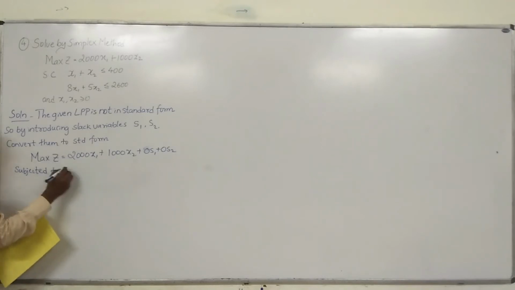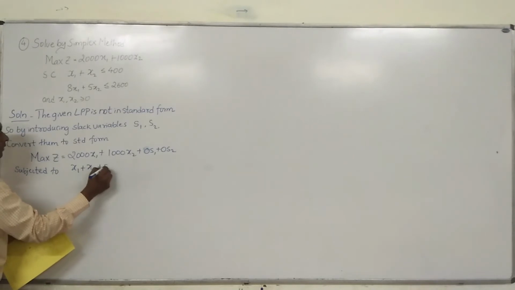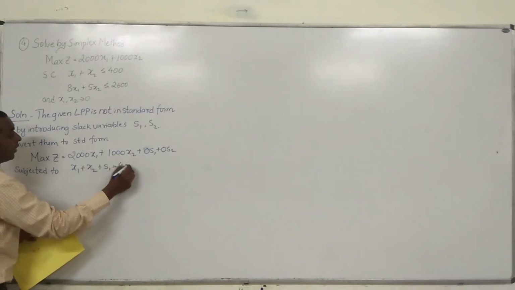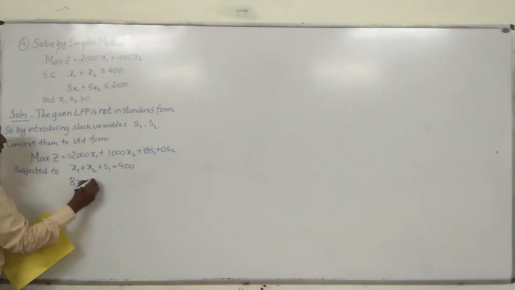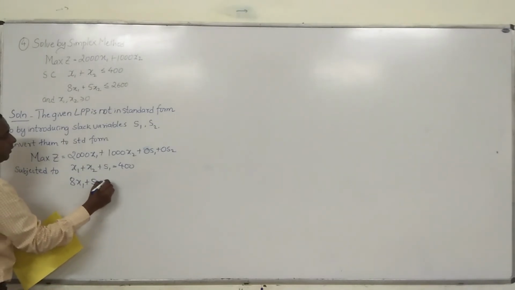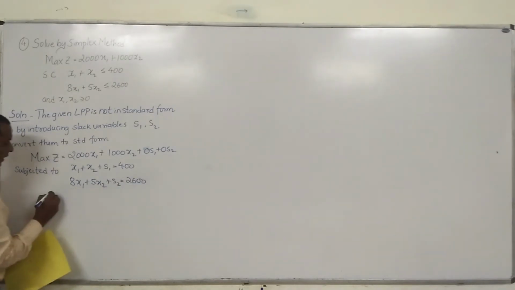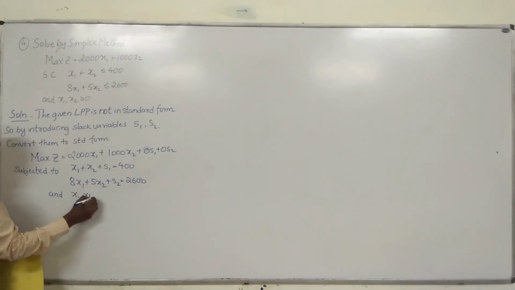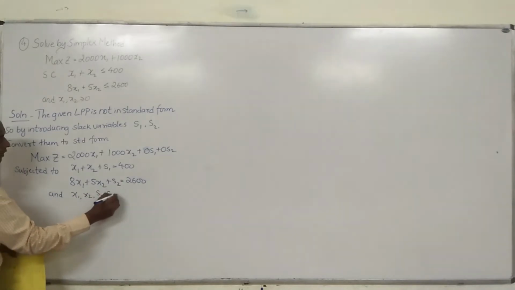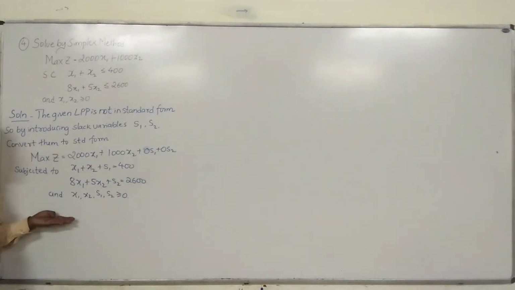Subjected to constraints x1 plus x2 plus s1 is equal to 400, followed by 8x1 plus 5x2 plus s2 is equal to 2600, whereas x1, x2, s1, s2 are greater than or equal to 0. Now this LPP is in standard form.